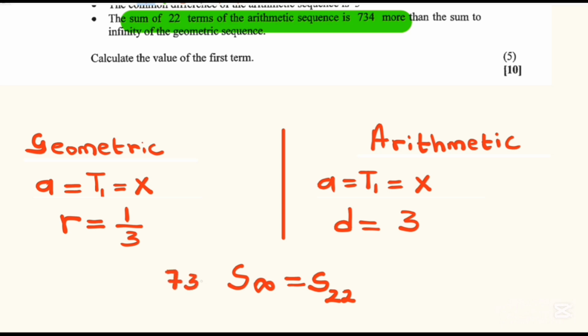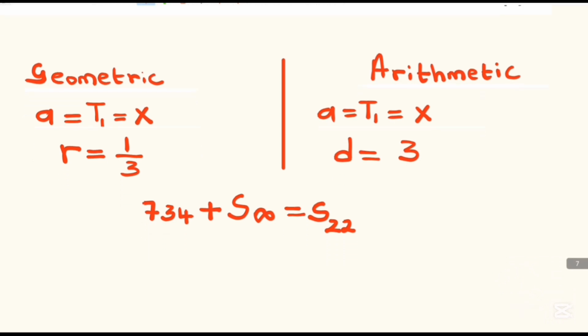So let's add 734 to the sum to infinity for our equation to be balanced. Since our equation is balanced, we determine the sum to infinity and the sum to 22 terms separately, and then substitute them into this equation.